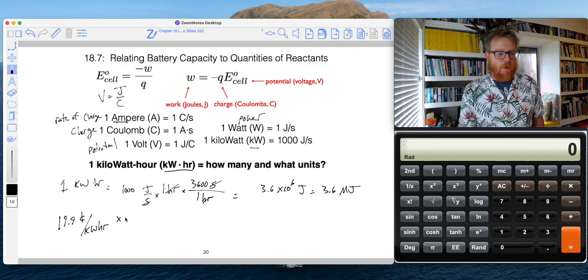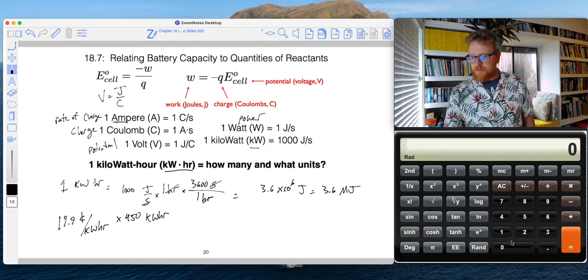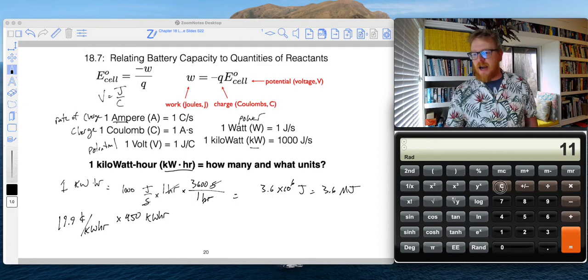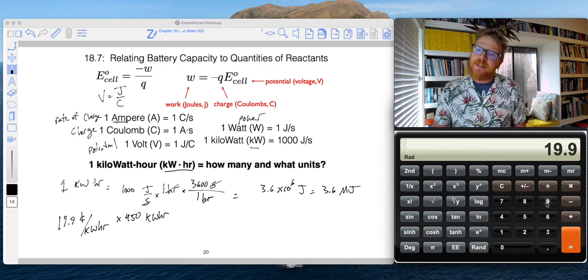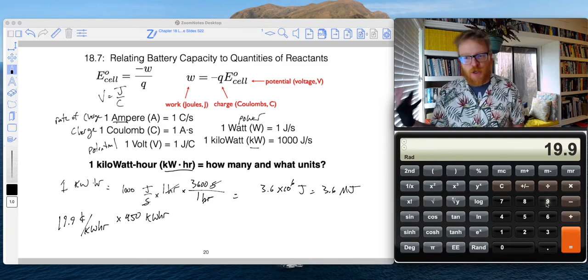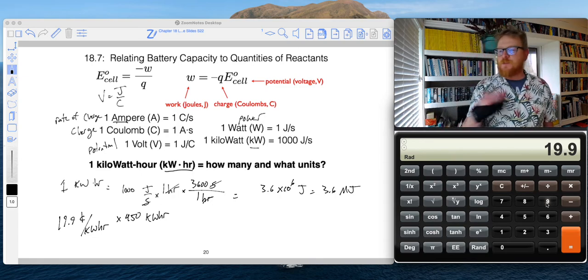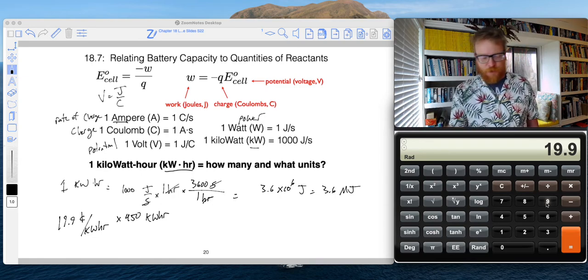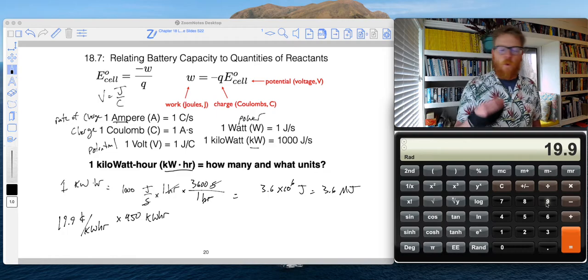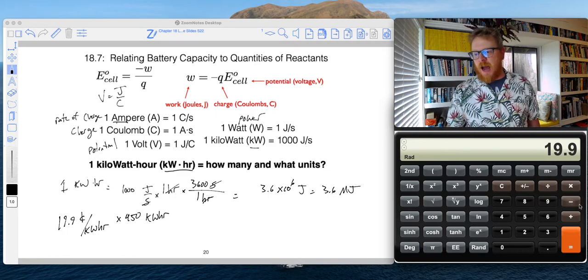Now if I multiply that by 450 kilowatt hours, and of course, maybe some of you are aware that there's time of day usage, where you get charged more depending on what time of day you're using your power. That depends on whether you're using power in the evening or in the morning, etc. But 19.9 is a good average from PG&E's website.